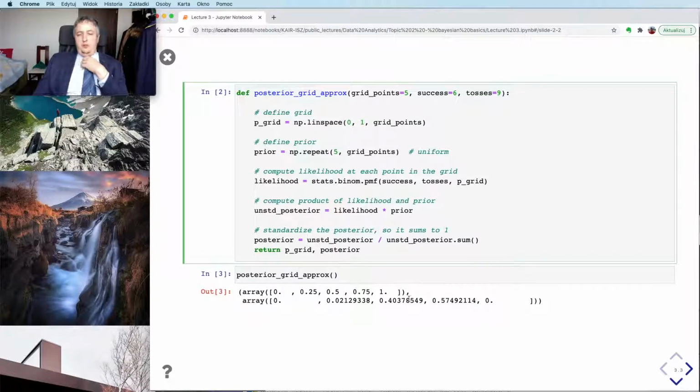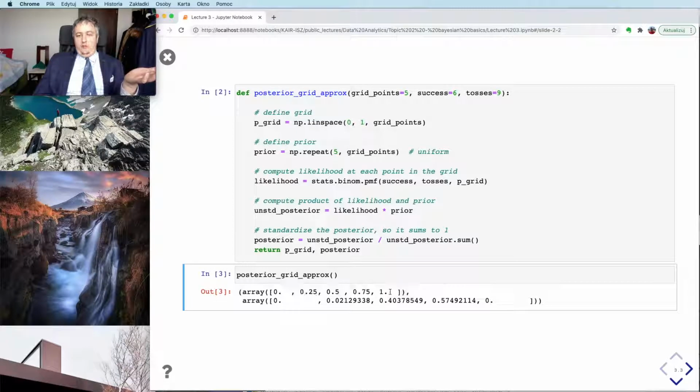We need grid points in order to plot everything. As you can see, for 5 points, calling with default parameters, we get 5 points with appropriate values at certain points, and the values at the edges are being rounded to 0.